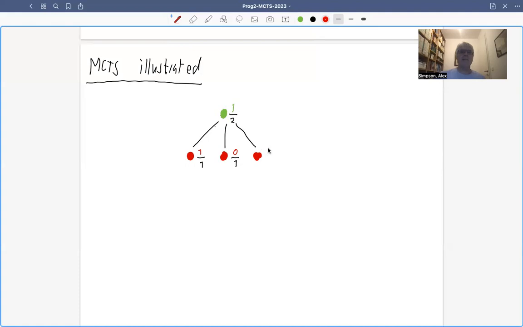And maybe again green wins this. So red has now won 0 from this node out of 1 game played, and green has now won 2 out of 3 games played.